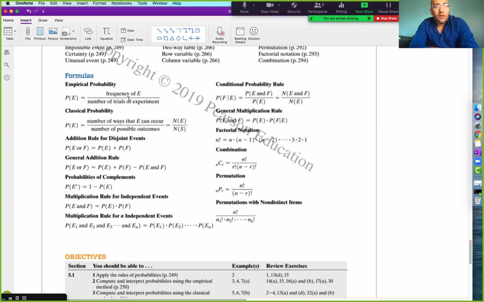Right, so for example, if I wanted to know what is the probability that my car gets pooped on by birds. Lately it's been getting pooped on a lot by birds. So, I can just park it in the same spot every single day and just keep track of how many days bird poop lands on my car.